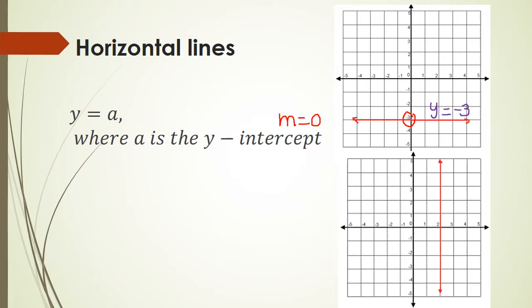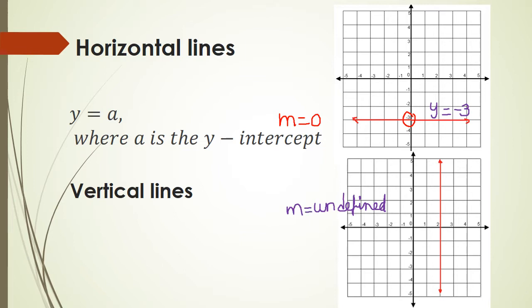Now we also have a special case with vertical lines. We know from previous lessons that the slope for vertical lines is undefined. So we do not have a specific value for the slope. At the same time, we don't have a y-intercept.